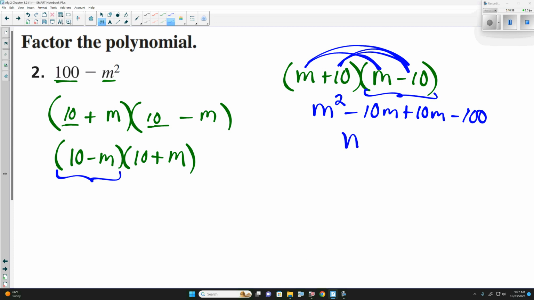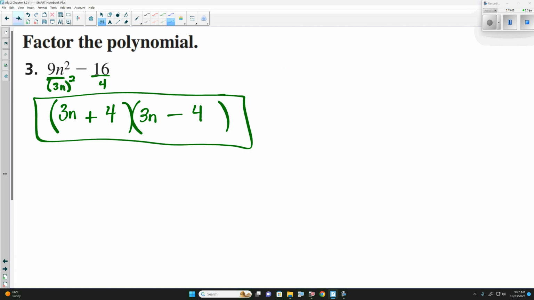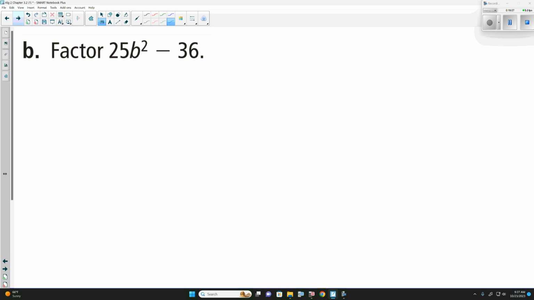Because having it written this way would give us m squared minus 100, not 100 minus m squared. Earlier I got confused because I thought you were saying that. To write it with m first, this would need to be changed to positive 10 and negative m. That's the only way that would work. Might as well just leave it as this here. Most have trouble with negatives as they are, let alone trying to rewrite it that way.